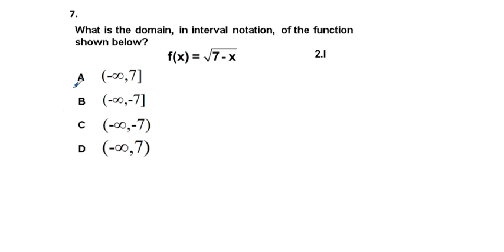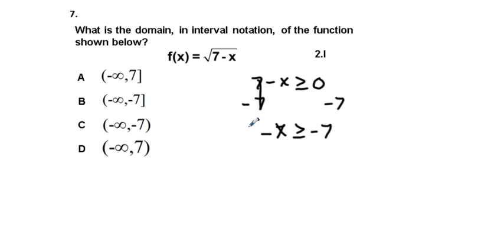Next, 7. What's the domain in interval notation of the function shown below? We can work this out algebraically. We know that 7 minus x inside the radical cannot be negative. So this has to be greater than or equal to 0. And so if we subtract 7 from both sides of this inequality, we get negative x is greater than or equal to negative 7.